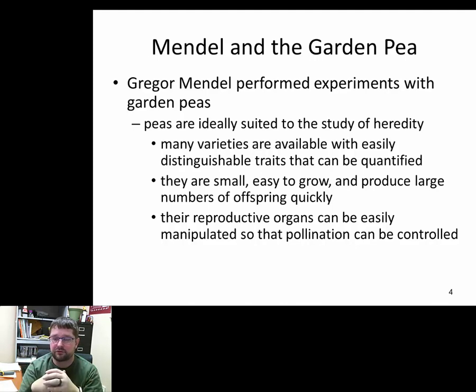The other thing is you can remove the anthers. They're big enough, and you can manipulate things. You can cut all the anthers off. You can pollinate them by just using a paintbrush and moving pollen from this plant to the next one, and on and on. So they're easily manipulated. And they can self-fertilize, which makes it great for genetic experiments and test crosses and things like that.